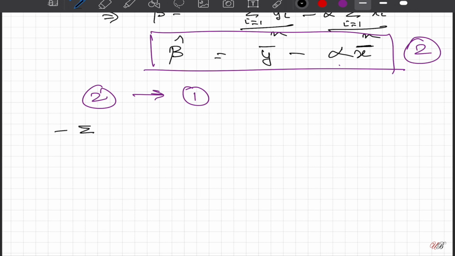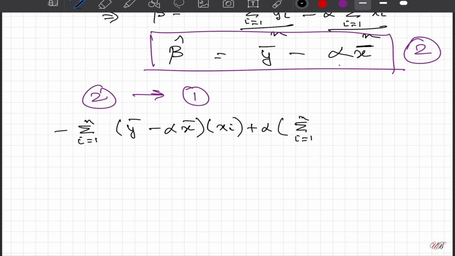minus summation i from 1 to n (y hat minus alpha x hat) xi plus alpha summation i from 1 to n xi square equal to summation i from 1 to n xi yi. Now what I will do is take all the terms of alpha on one side.